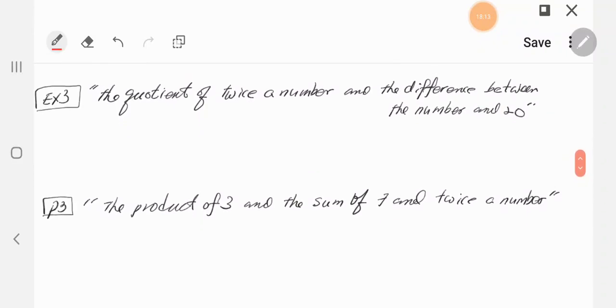Okay, so the next one, the quotient of means divide. So we must have the first expression and the second. So this "and" will be replaced by division or a fraction bar. So why don't we write the first expression? Twice the number.